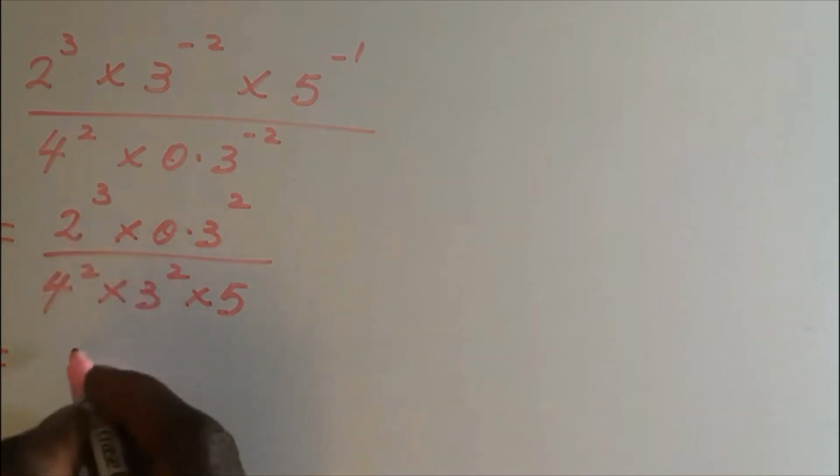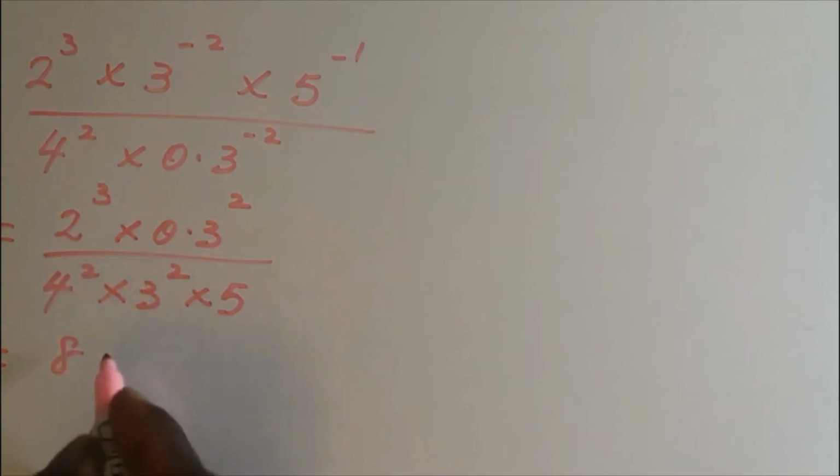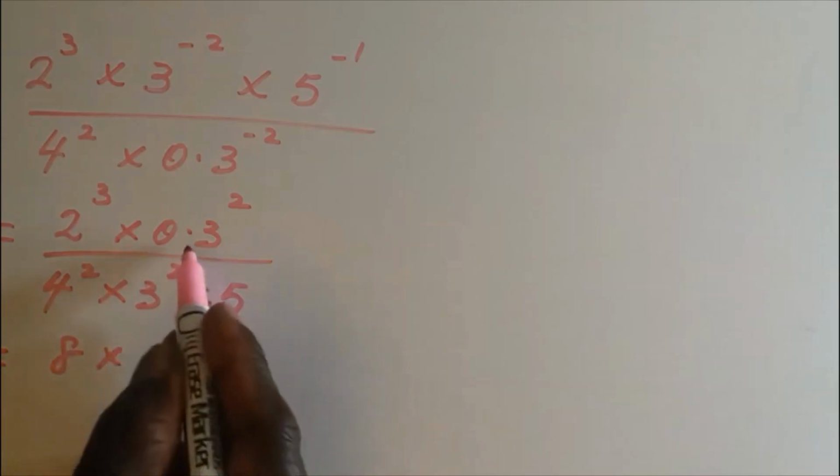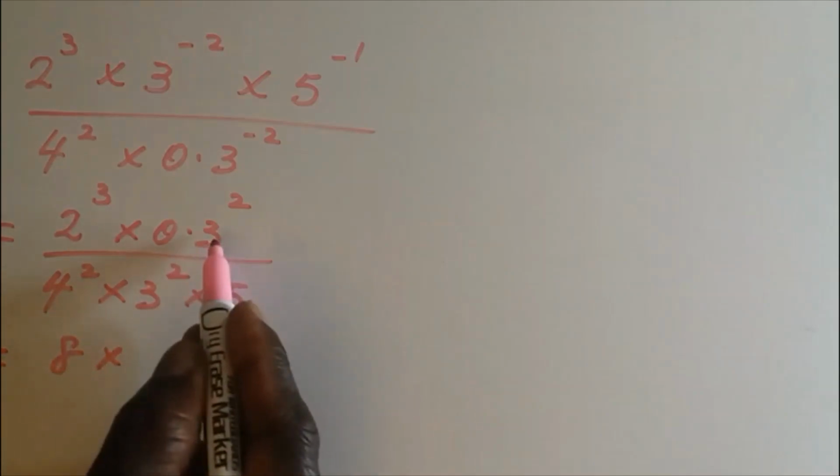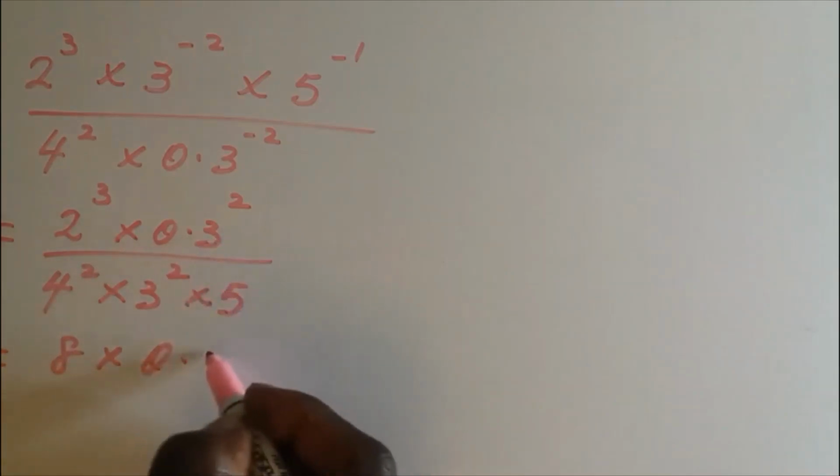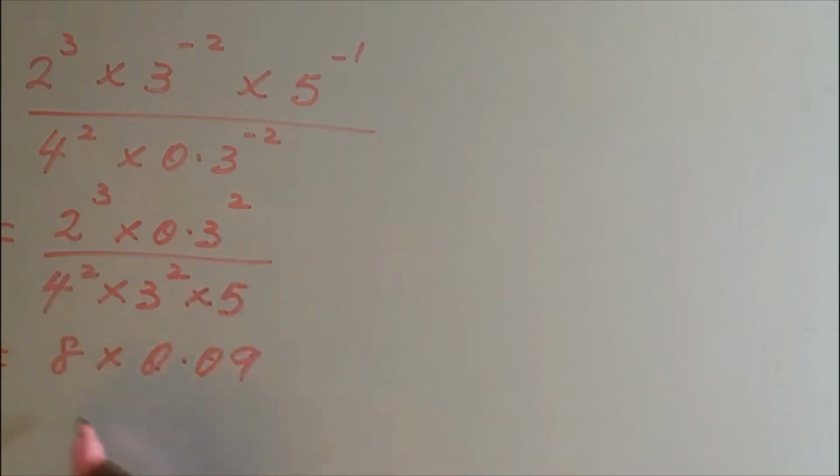This is 2 to the 3rd power is 8. Now this 0.3 squared is 0.09. And we have 16, 4 squared, we have 9, and we have 5.